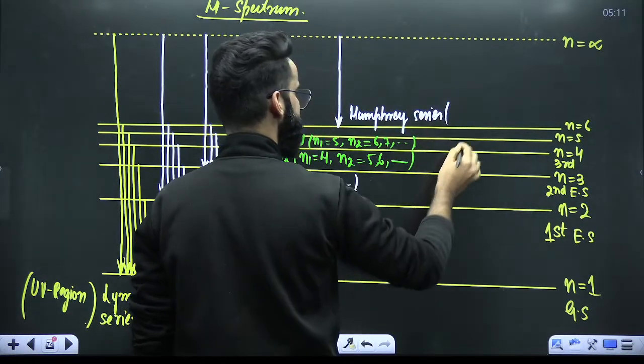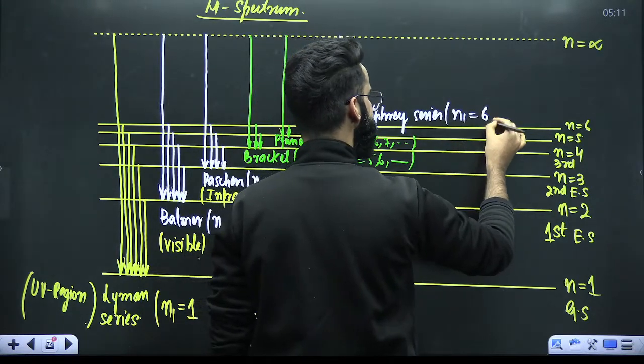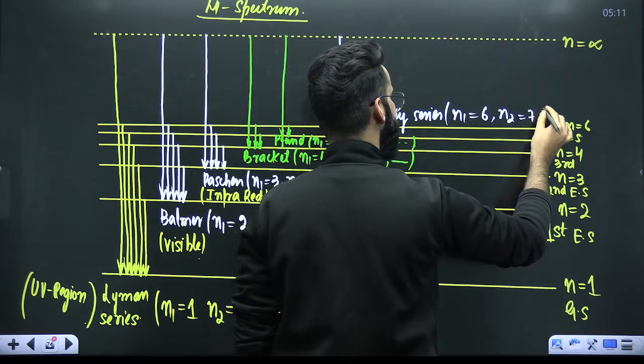In the Humphreys series, the lower energy state, which I'm representing as n1, is 6, and the higher energy state can be 7, 8, right?